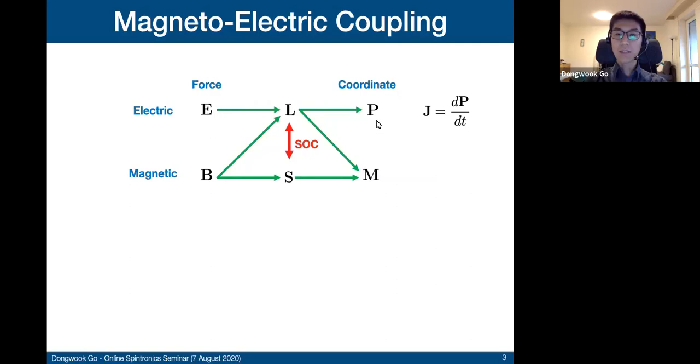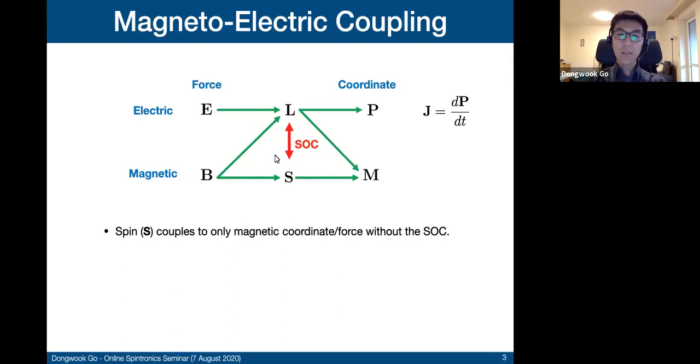P is the electric dipole moment, and M is the magnetization, or magnetic dipole moment. In between, I schematically placed how orbital angular momentum and spin angular momentum are related to force and coordinates. One thing you notice is that for spin, unless there is spin-orbit coupling, it couples only to the magnetic part of the force and coordinates.